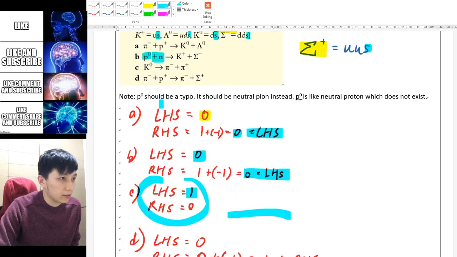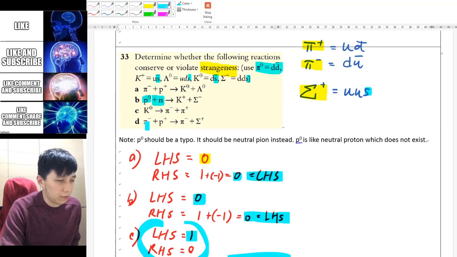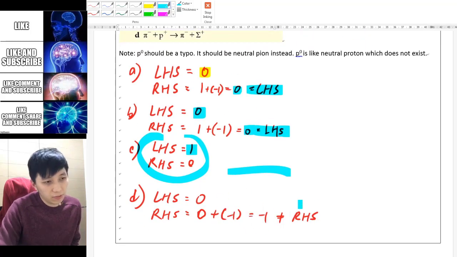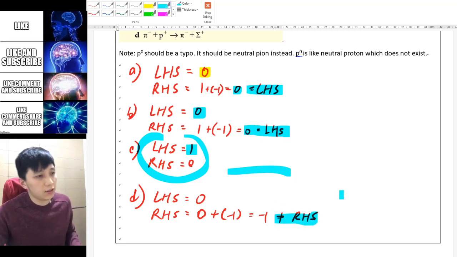Lastly, for part D, again, ignore the pion here, and the proton doesn't have a strange quark, ignore the pion, and then here we would have the positive sigma, so 1 strange quark, so that would be -1. Left hand side with 0, again it would be violated. So that is to say, C and D, those two reactions, if they are possible, will be done by weak interaction.